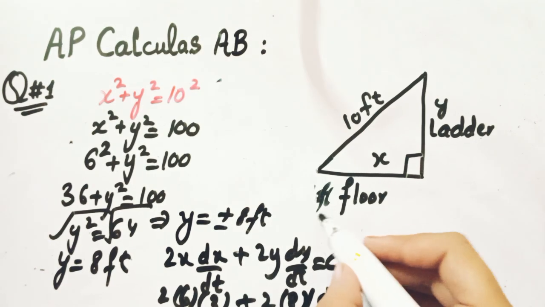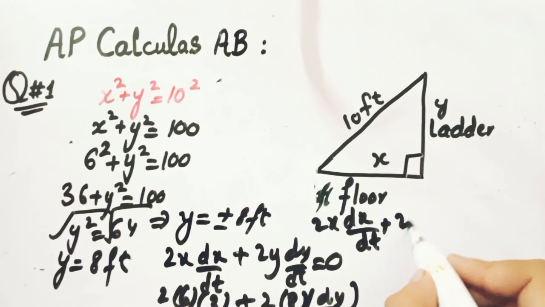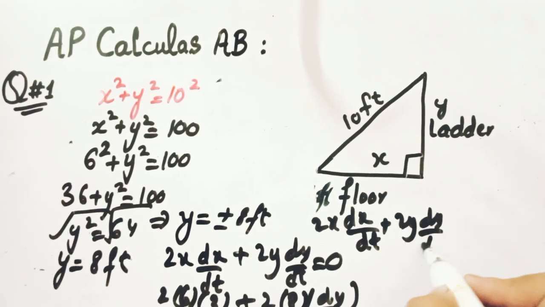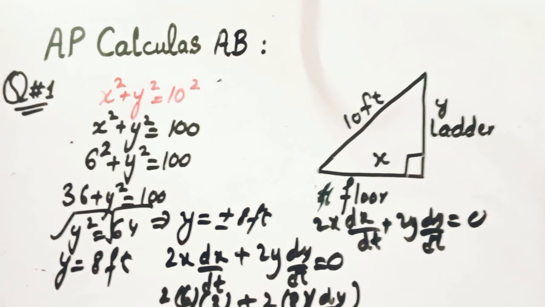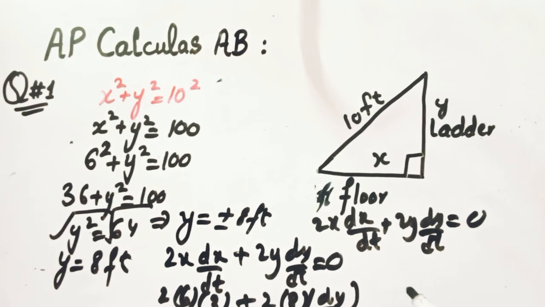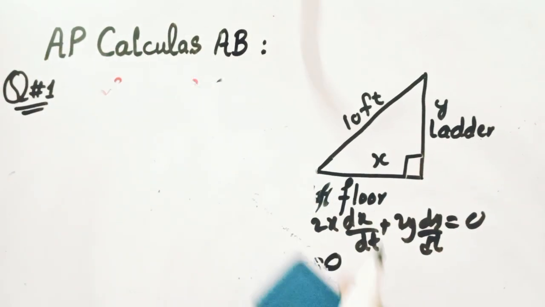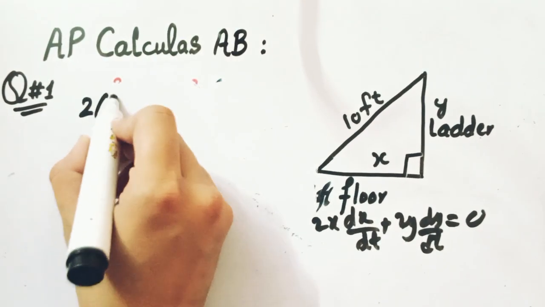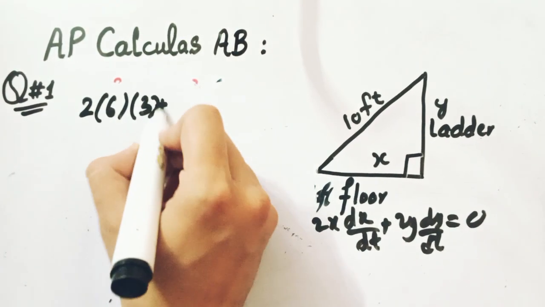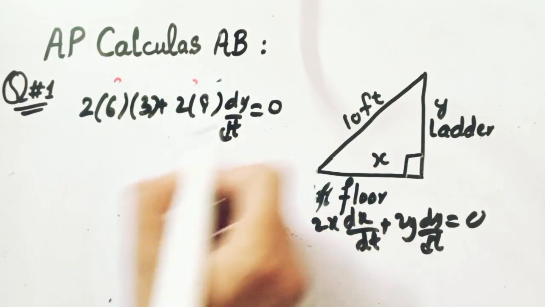Substituting all the values, we get 2 into 6 into 3 plus 2 into 8 into dy by dt equals 0.